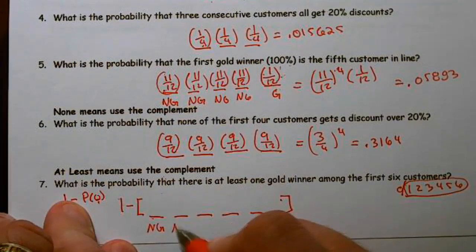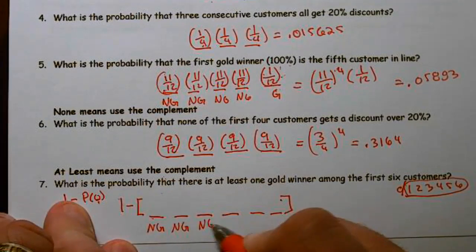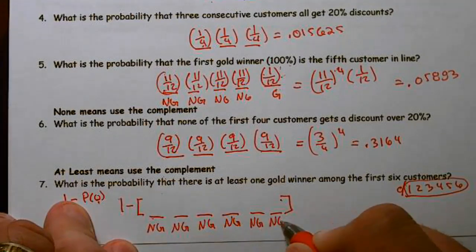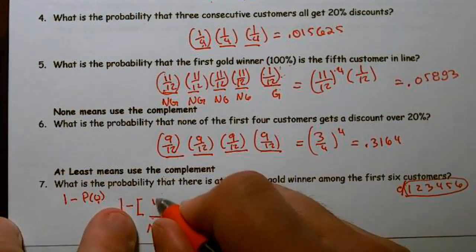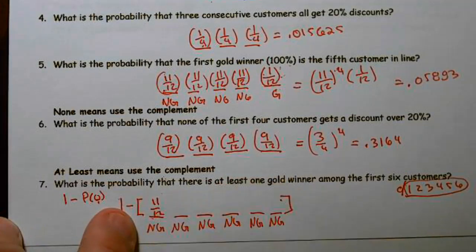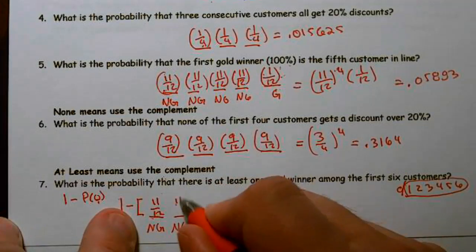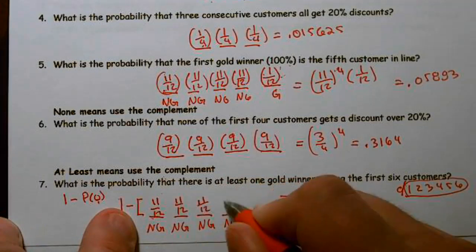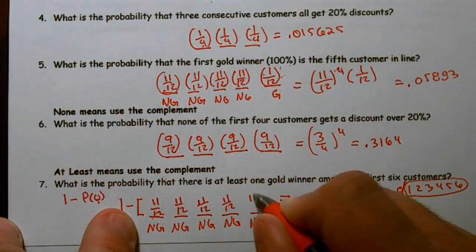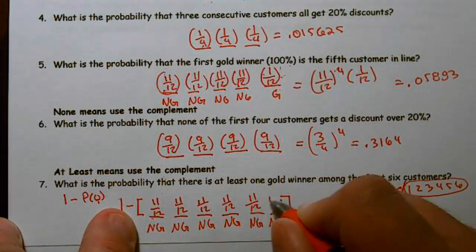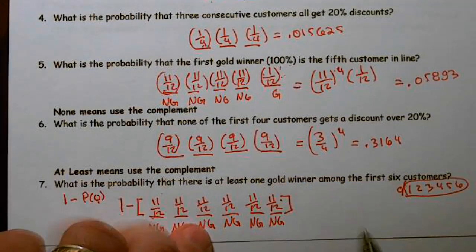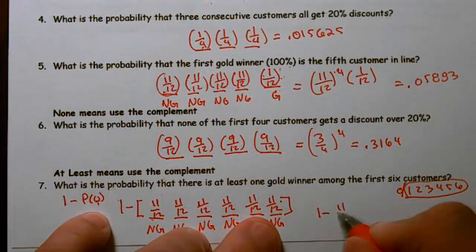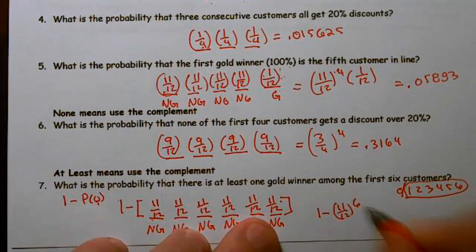All of these are going to be not gold. In this case, the probability of not gold was 11 out of 12, because the probability of gold was 1/12. So essentially, we're going with 1 minus 11/12 raised to the 6th power.